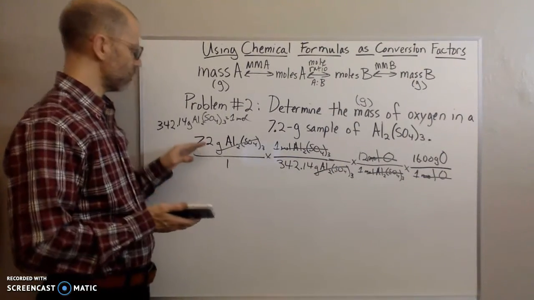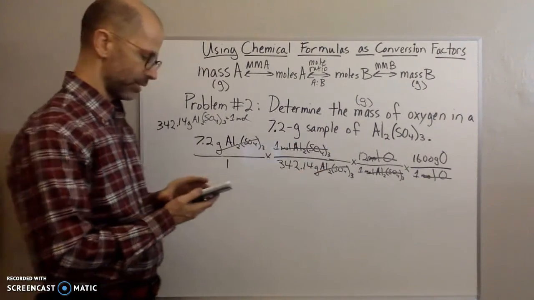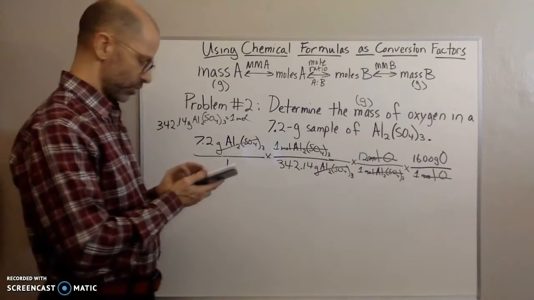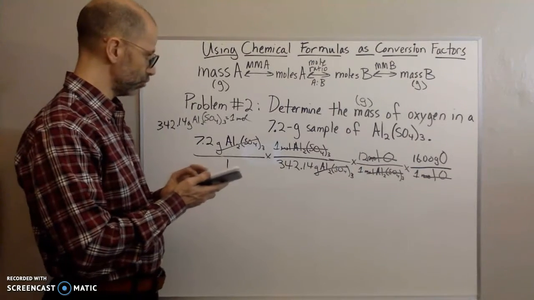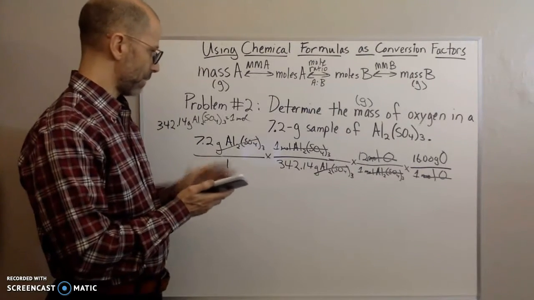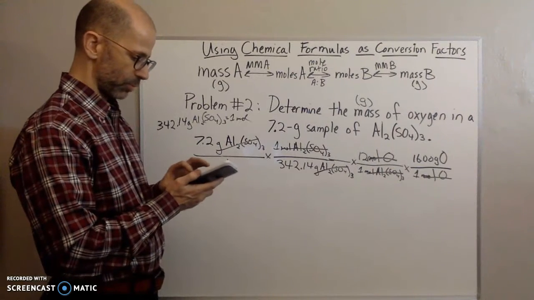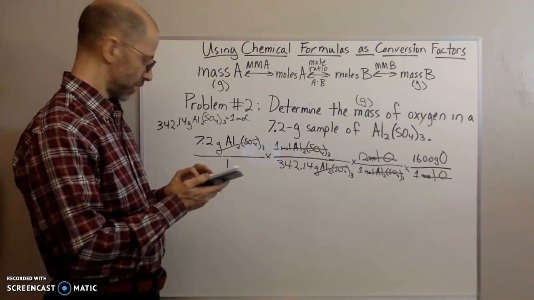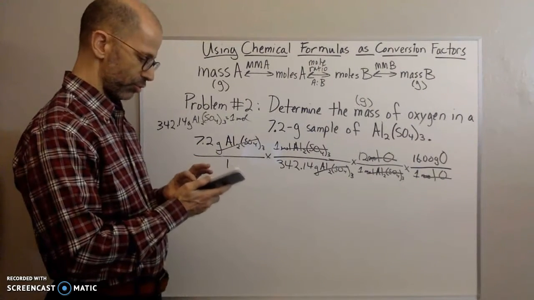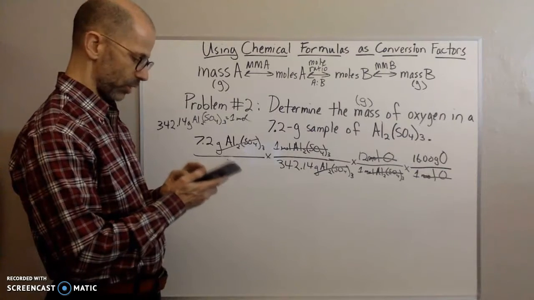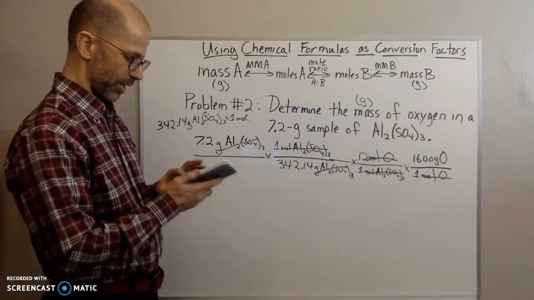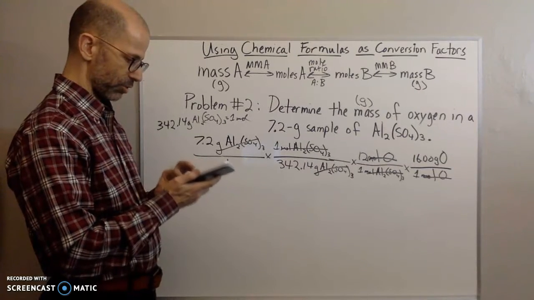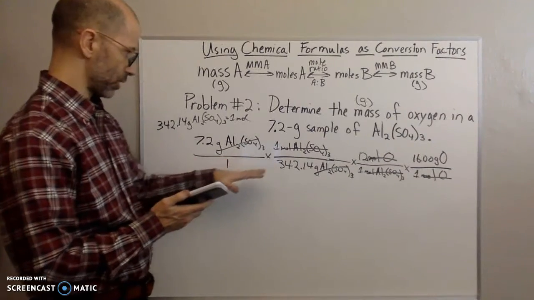So now I'm just going to multiply across the top and divide by the bottom. So I take my 7.2 multiplied by 12, multiply that by 16.00, and now I'm going to divide.